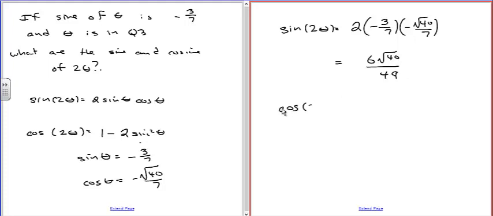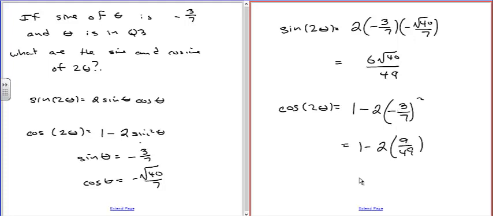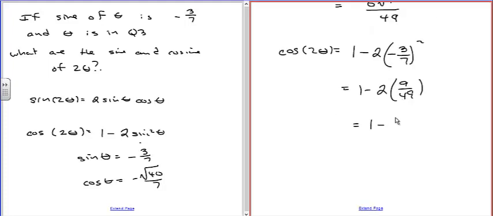And the cosine of 2 theta is 1 minus 2 times the sine squared. So we get 1 minus 2 times this squared, the negative sign will become positive. You get 9 over 49. And 2 times 9 is 18.